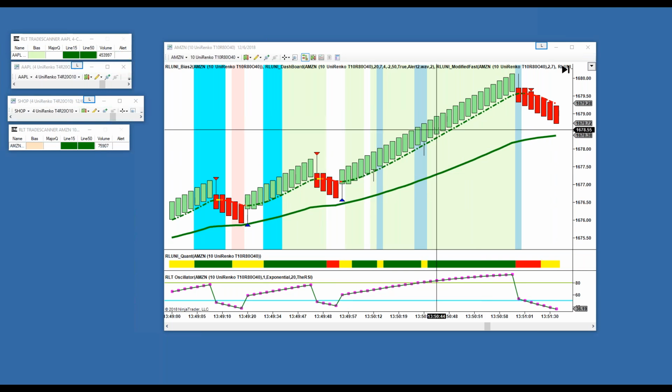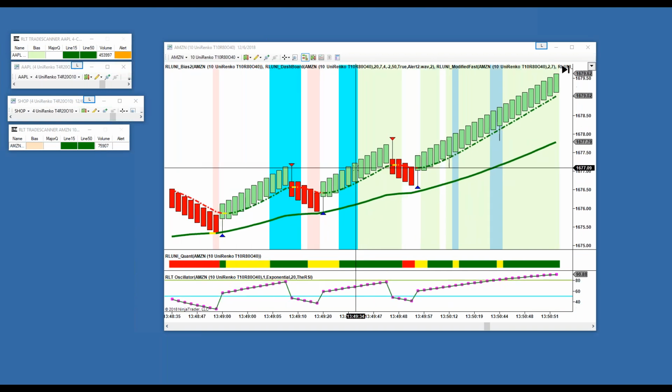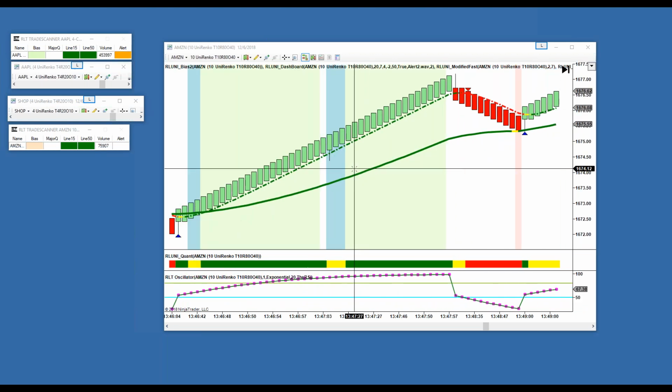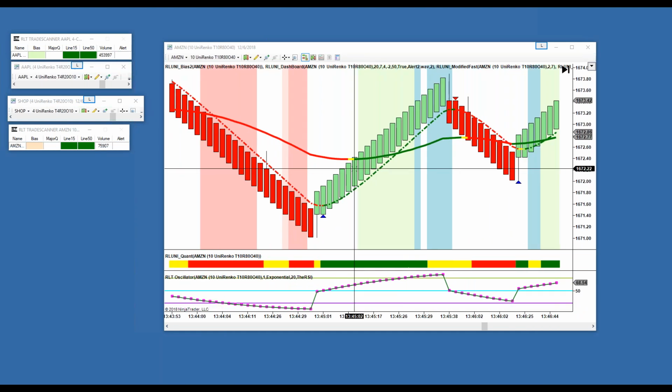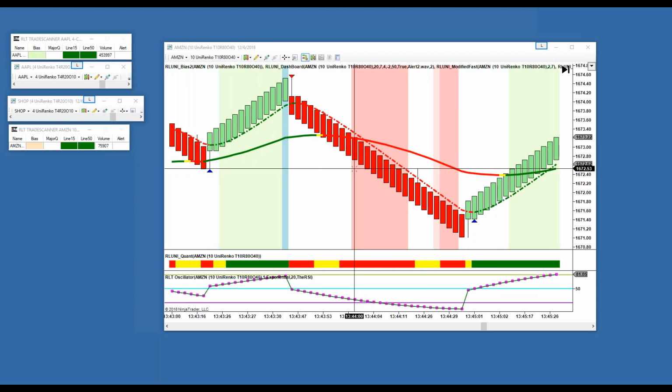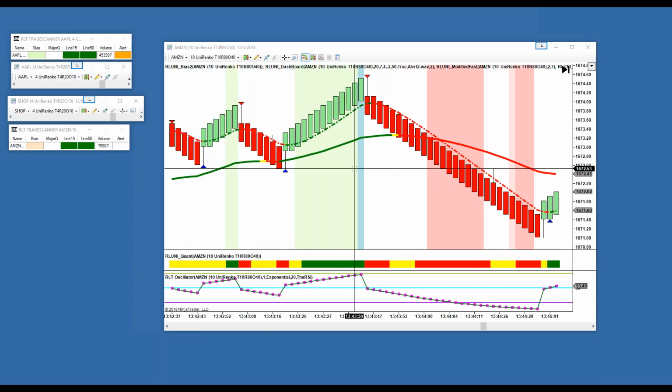And when you have chop, it's going to really keep you out of chop. And most importantly, it is not going to let you take a loser. Very rare to take a loser. We saw a couple, but I also remember the risk to reward here is exceedingly strong in your favor.